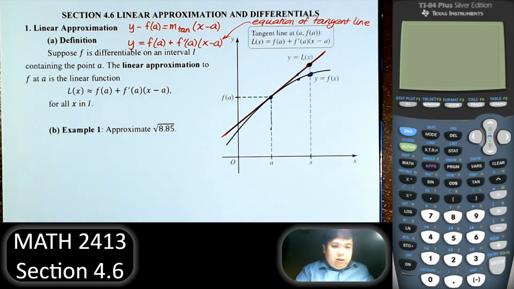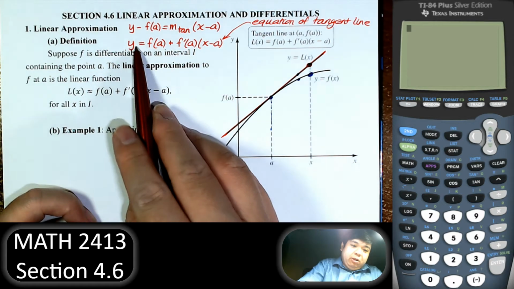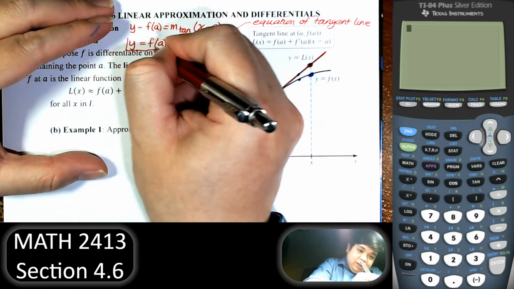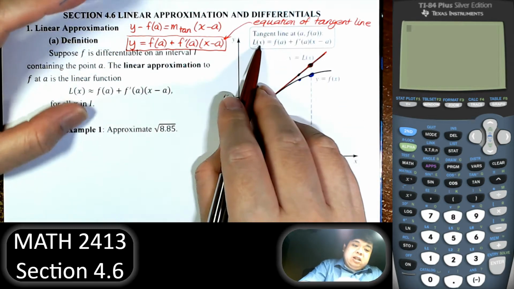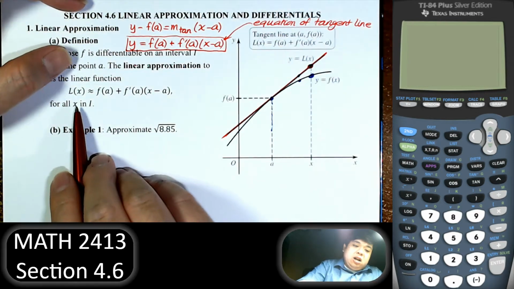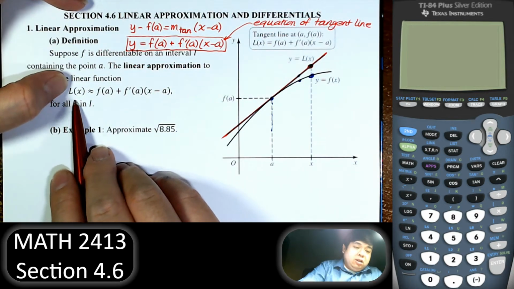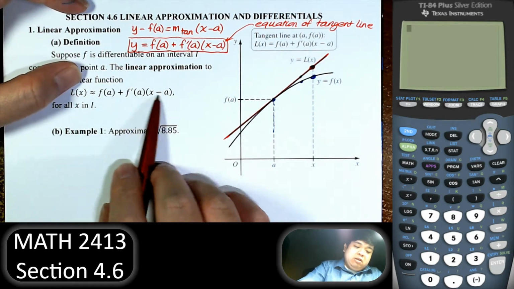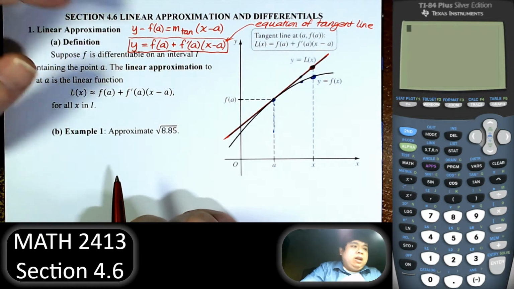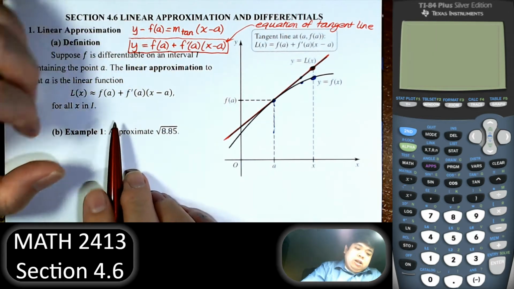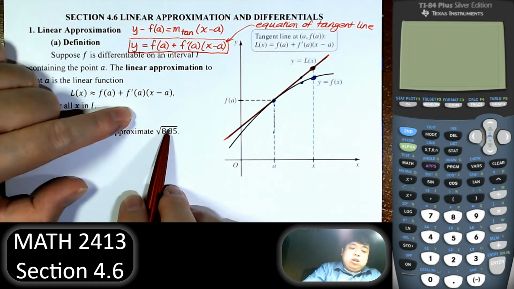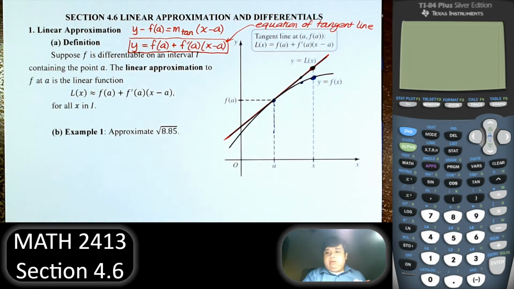Right. So once again, it will be in this form. This is the equation of a tangent line, and we use f of x approximately equal to that, just an approximation using the line to estimate the values of the function. Now with that, how do we use linear approximation to approximate something like this, square root of 8.85?